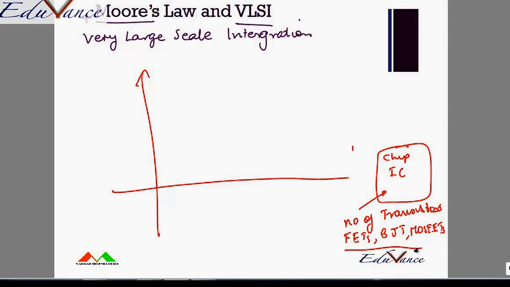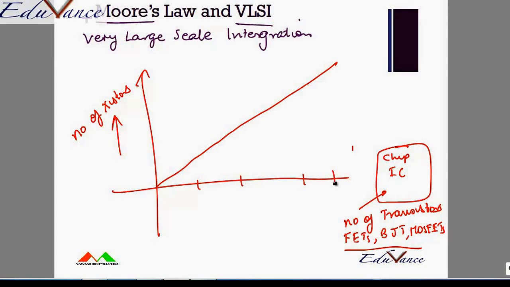So the number of transistors on a chip, if I draw the y-axis, number of transistors, would double every 18 months.